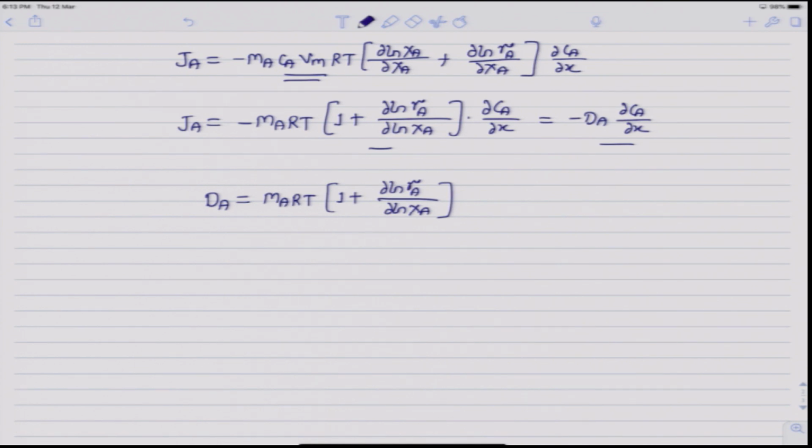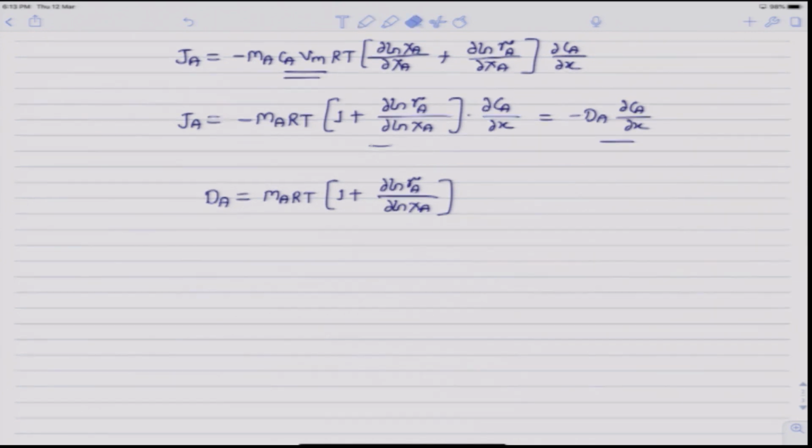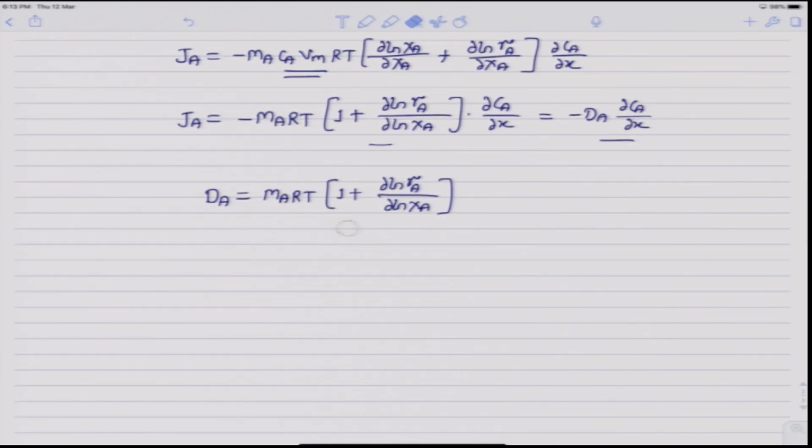When the solution is ideal, gamma A is 1, and so d A is simply equal to M A R T. But in case of non-ideal solution, dou ln gamma A by dou ln x A will have value other than 1, and so we need to take into account this factor, and this factor is commonly referred to as thermodynamic factor.